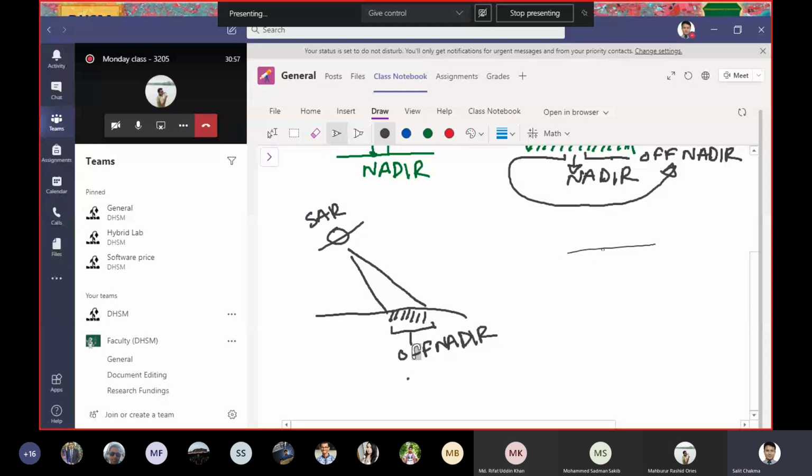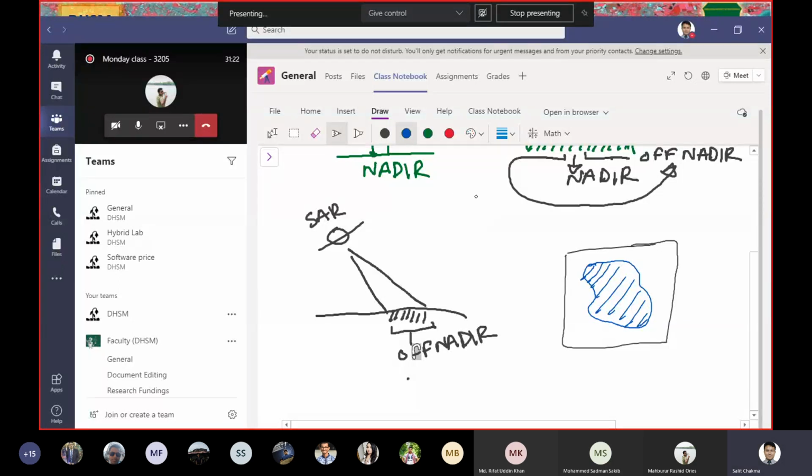So for example, you have found one image, and in your image, you have this area, these are flooded. This is the image that you have got from your radar satellite.